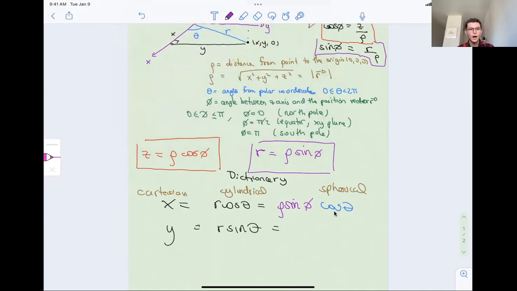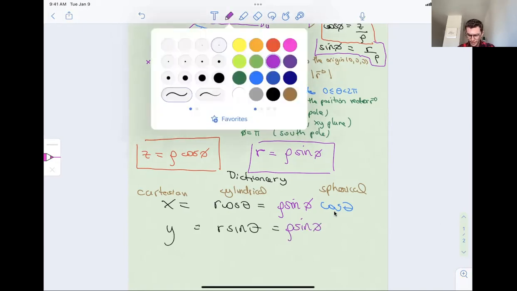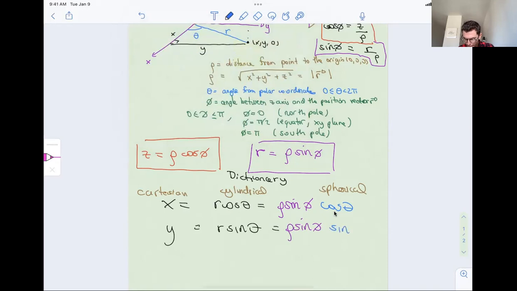Then for y, r again becomes rho sine of phi, and sine of theta is just sine of theta. This is good because in spherical coordinates the variables are rho, phi, and theta, so you're rewriting y in terms of rho, phi, and theta.